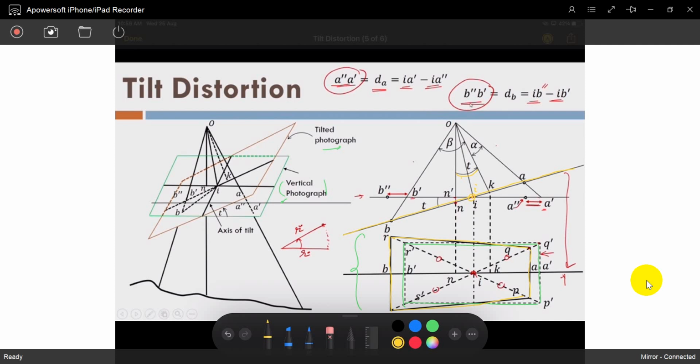Okay, so that's it. If you see exactly, previously what did we do? On the tilted photograph, the image is at A. If that is in the vertical photograph, where is it located? Maybe at A dash.